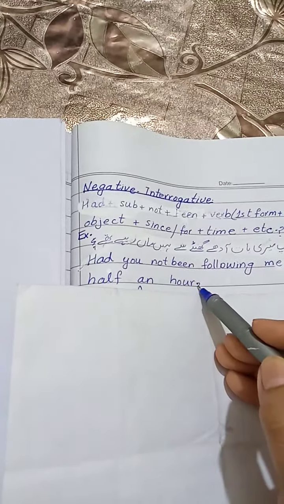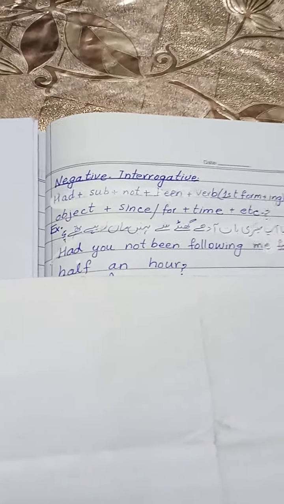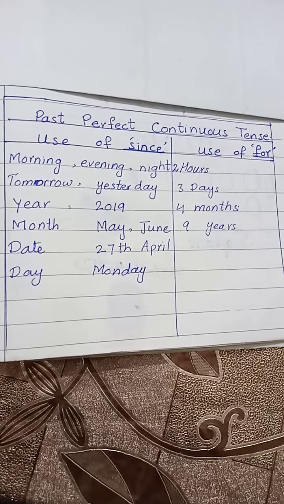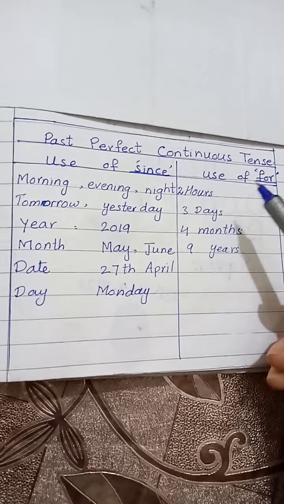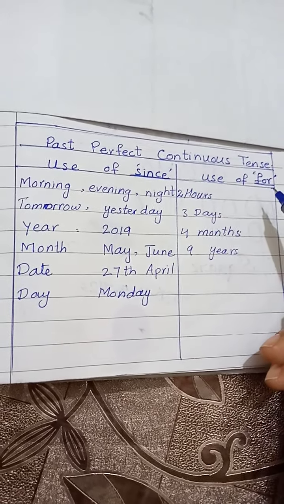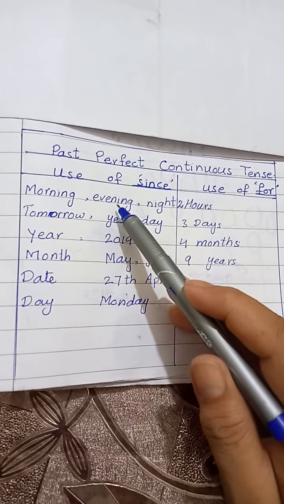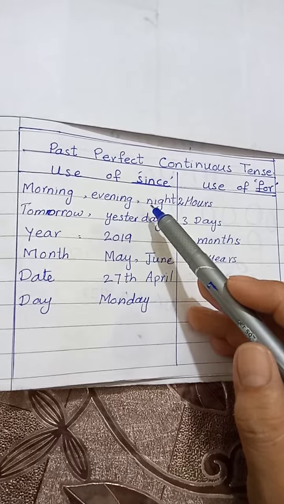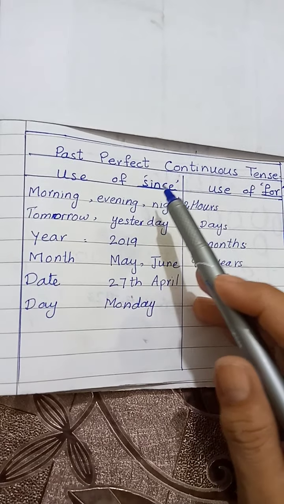These are the examples of past perfect continuous tense. Now we will learn with which time duration we will use since and with which we will use for. If the time duration of the day is given, like morning, evening, noon, night, we will use since.